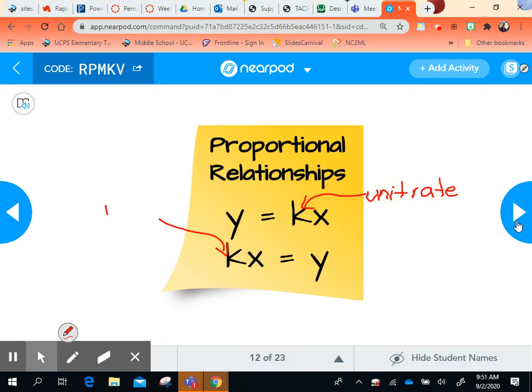K represents our unit rate. Okay, are we good?